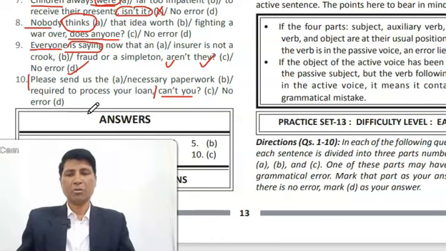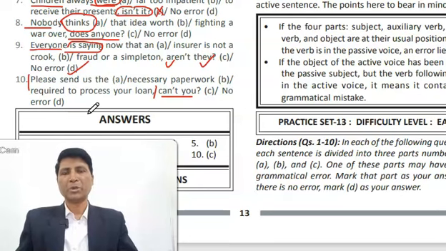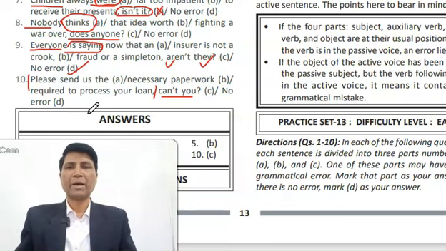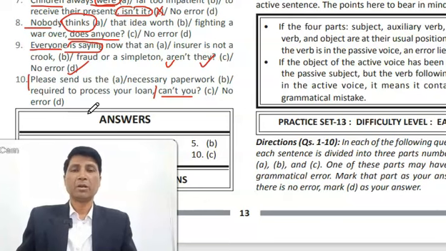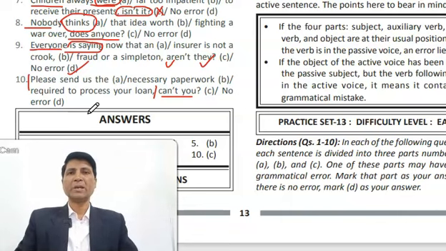After this chapter, we are going to analyze some questions based on active and passive voice. Right, because the detail of active passive voice will be discussed later on. But I will show you how to apply surefire shortcut trick number 4 to solve common errors based on active and passive voice. So let us begin that chapter.